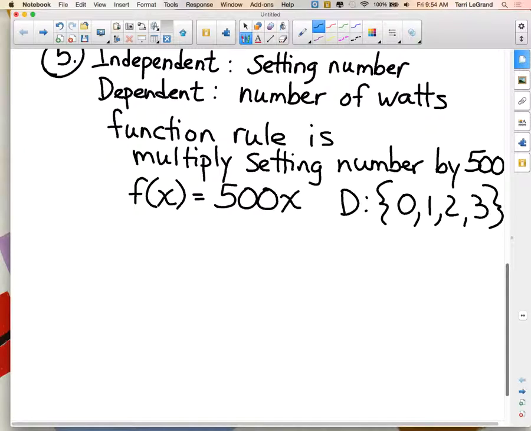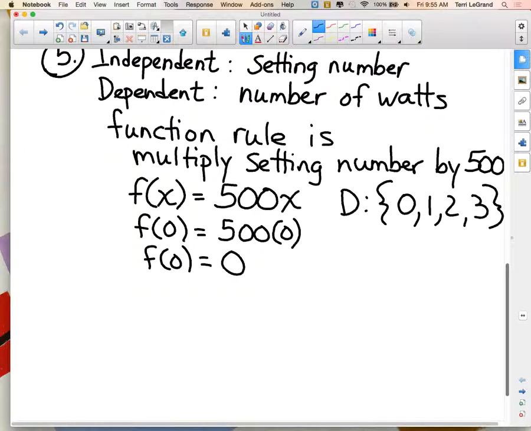So now what we have to do is say, okay, using this, we need f of 0. I know I could do this in my head, but we're going to show what we actually do. f of 0, so f of 0 is what? 0, yeah. If it's set at 0, there's no heat being kicked out, right?